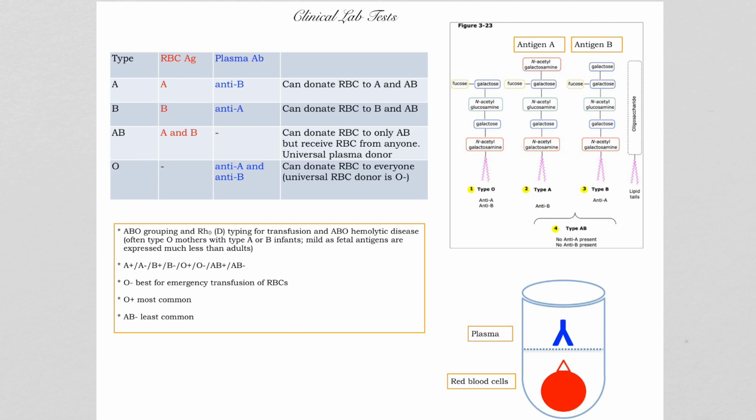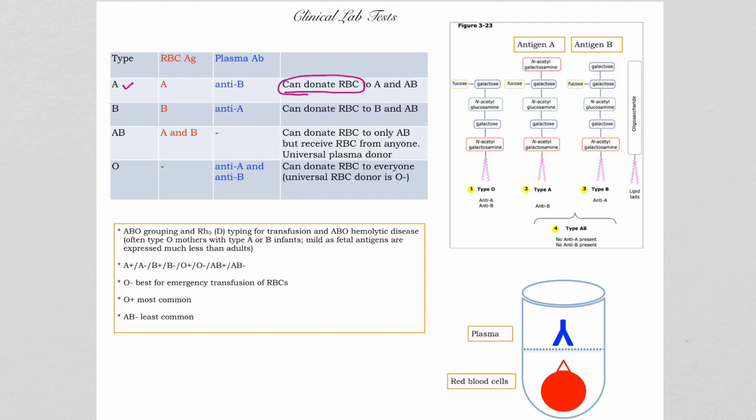So you can see from this table that a type A person can donate RBCs. RBC donation is a very common thing we do in blood transfusion. As you know, red blood cells carry oxygen, and oxygen is critical for energy production for survival.